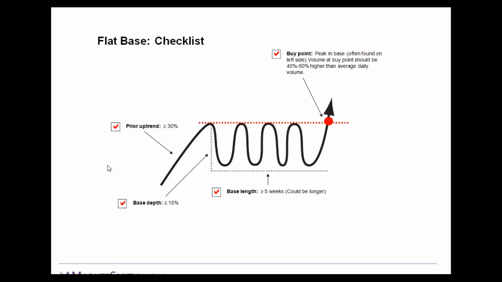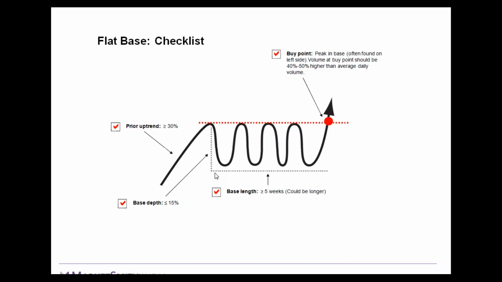Let's go over some of the characteristics. As always, prior uptrend is really important. We want that stock where institutions have been buying earlier, and we want to be sure that yes, people have been comfortable buying the stock in the past. Again, the base length, this is a shorter base. It can be 5 weeks long, but not less than that. But ideally something at least 5 weeks or more is what we look for in a flat base.